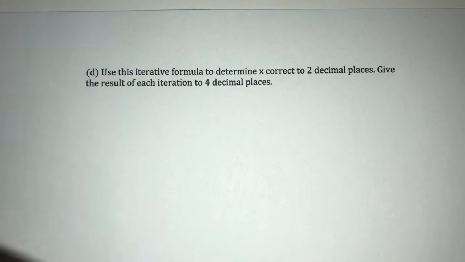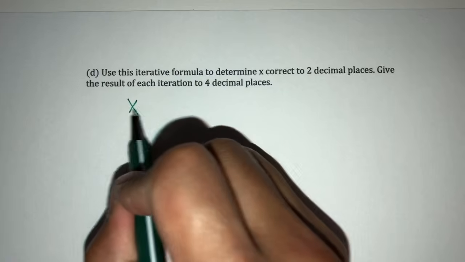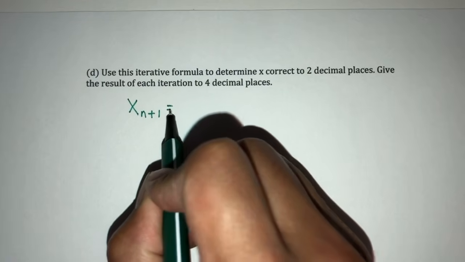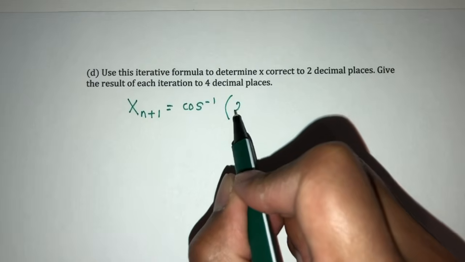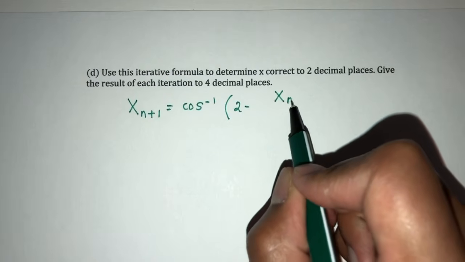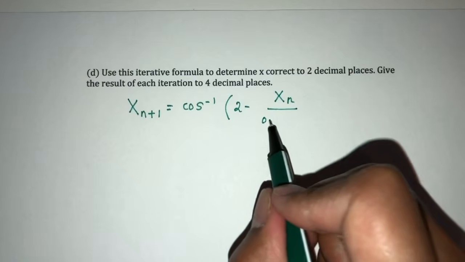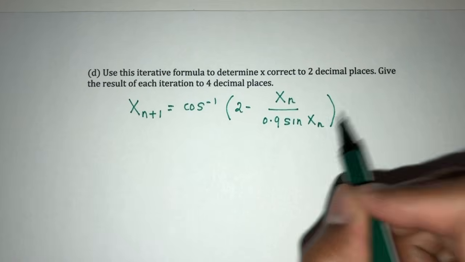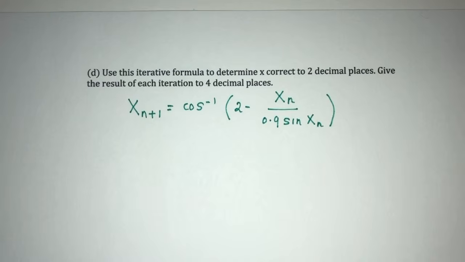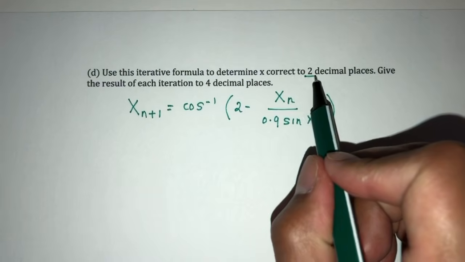Now, finally, we have to use the formula we have been given, which is x n plus 1 is equal to cos inverse of 2 minus x n over 0.9 sine of x n. Use this to find x correct to 2 decimal places.